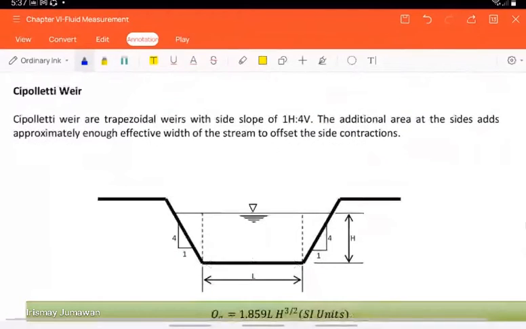Then we also have another special formula for the trapezoidal weir.